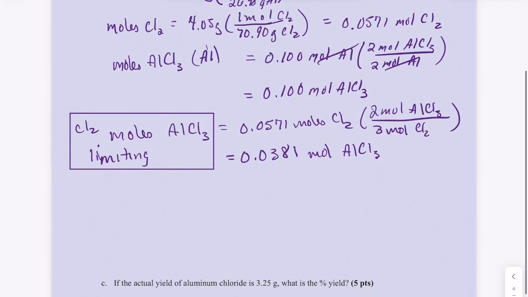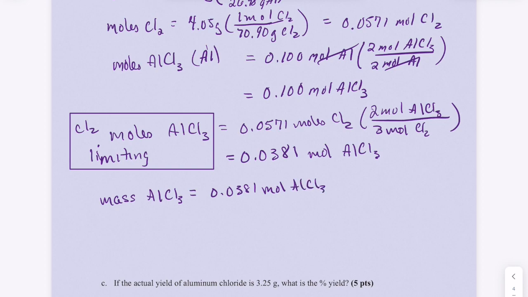All right, so now we just need to calculate the mass of the aluminum chloride based on its molar mass. So we're going to take our 0.0381 moles of aluminum chloride, multiply it by the molar mass of aluminum chloride, 133.3 grams per mole.